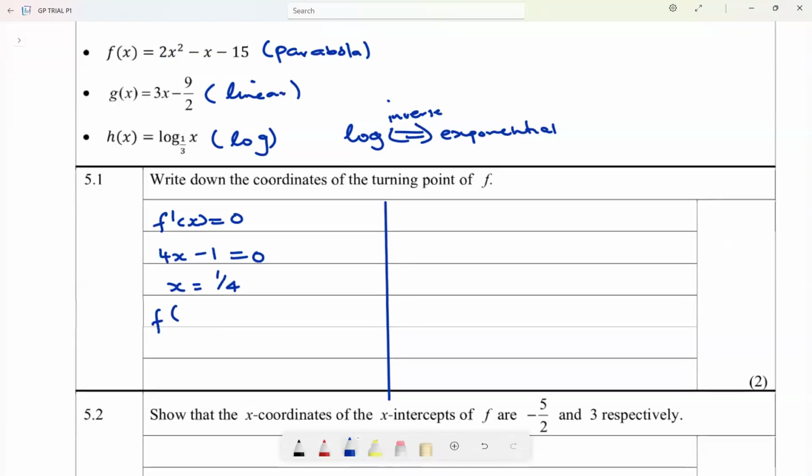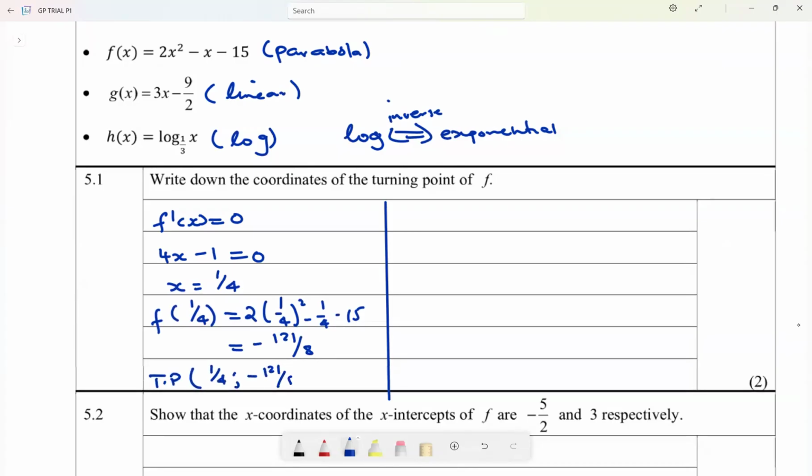And then I need to find the value of y by going to the original formula, to find the value of y when x is equal to 1 over 4. So it's going to be 2 into 1 over 4 squared minus 1 over 4 minus 15. Then I get that the value is negative 121 divided by 8. So the turning point is 1 over 4 and negative 121 divided by 8.